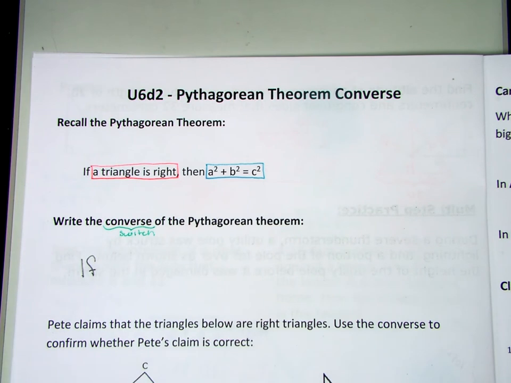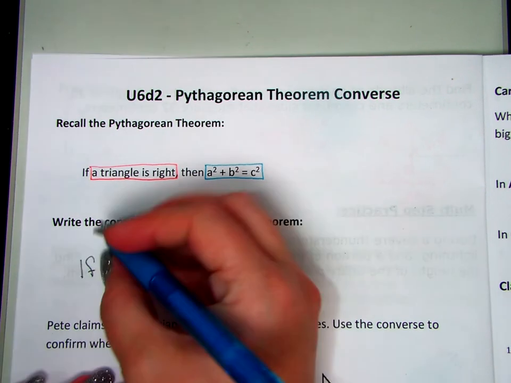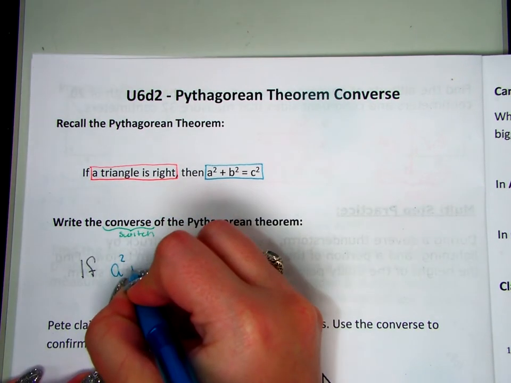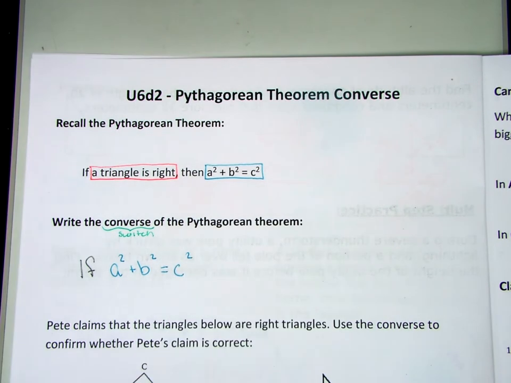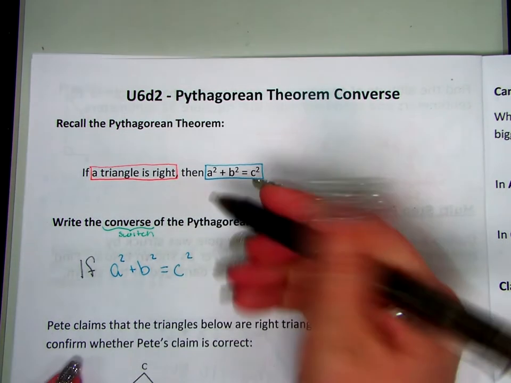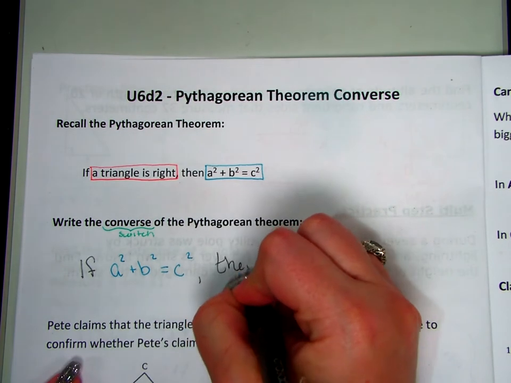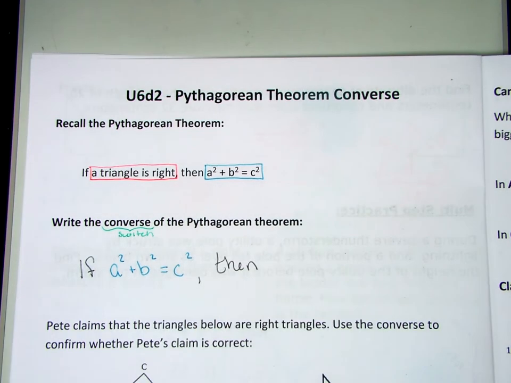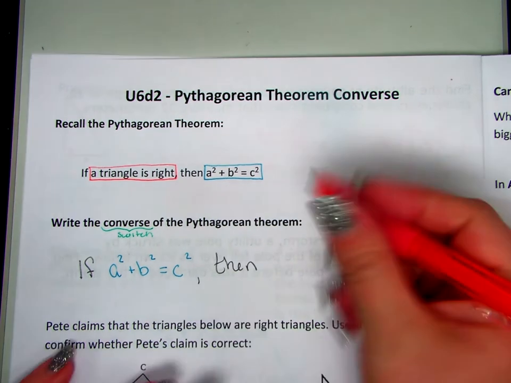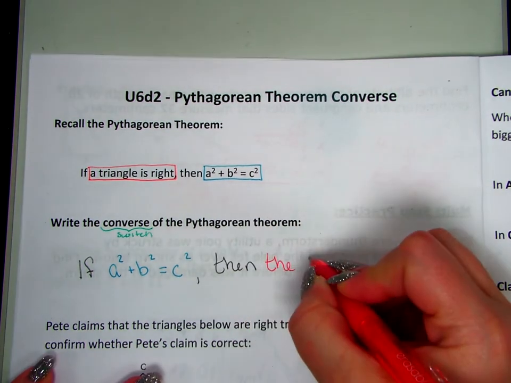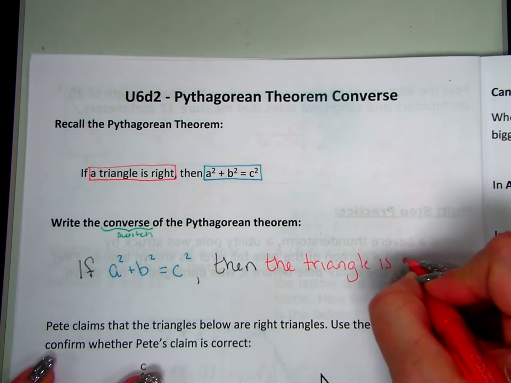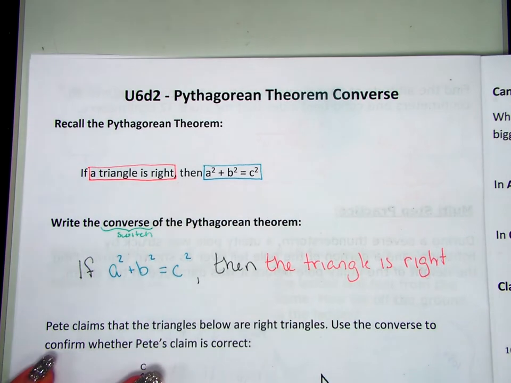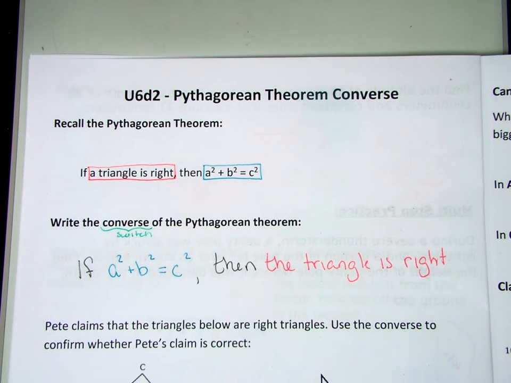But instead of starting with a triangle is right, we're going to say if a squared plus b squared equals c squared, then the triangle is right.